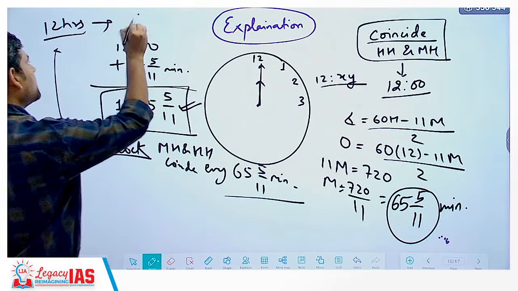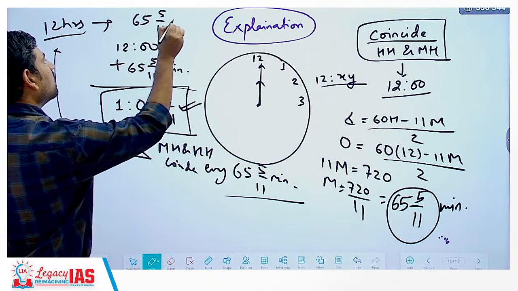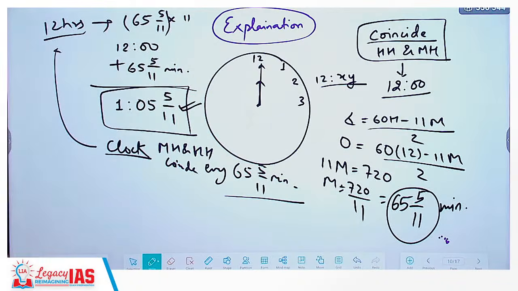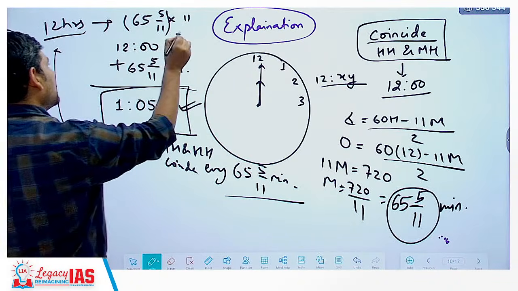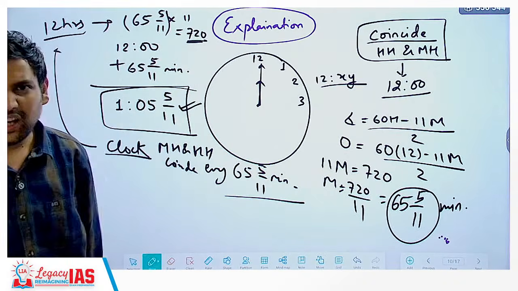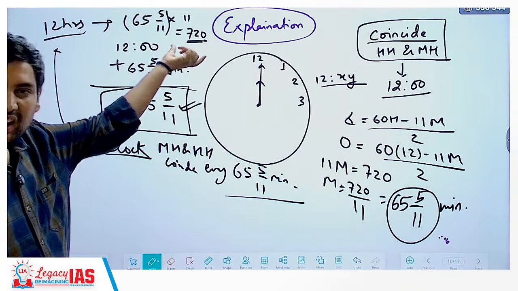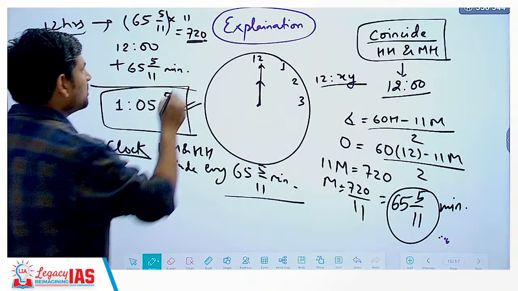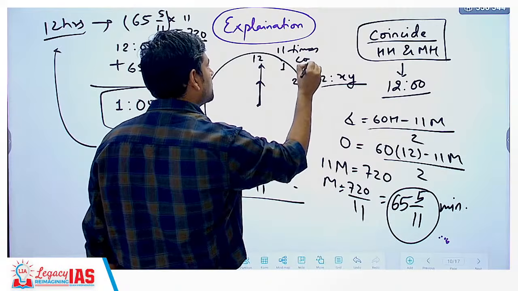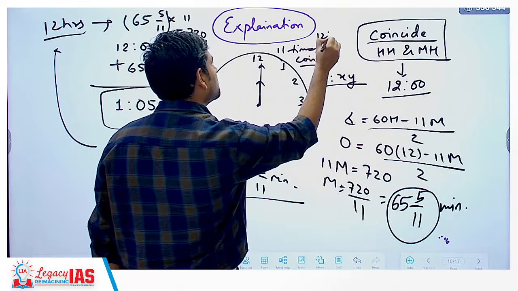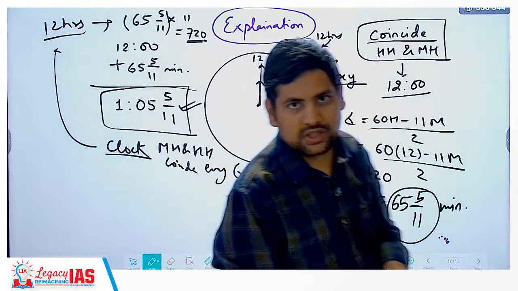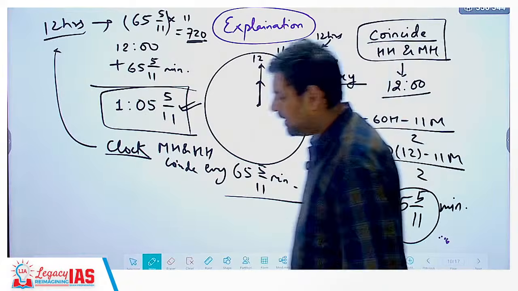So very clearly, this multiplied by 11, if you multiply them, you will get exactly 720. That is how you got it by division also. So in exactly 12 hours, it coincides 11 times. So in 12 hours, the minute hand and hour hand of a clock coincide 11 times. Understood? This is the whole concept that goes behind it.